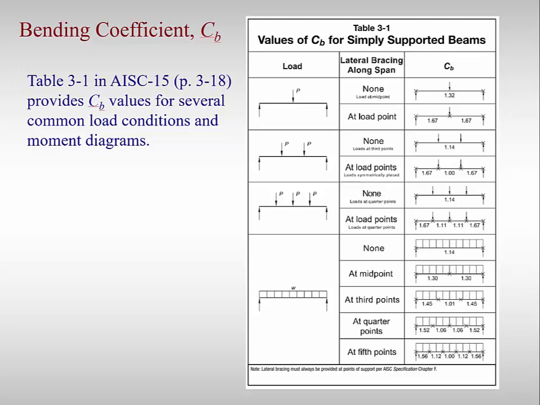C sub B increases to 1.67 with a lateral brace at midspan, and the unbraced length is reduced in half. Both of these conditions result in a substantial increase in moment capacity, possibly enough to have the moment capacity based on the plastic moment, completely negating the issue of lateral torsional buckling.